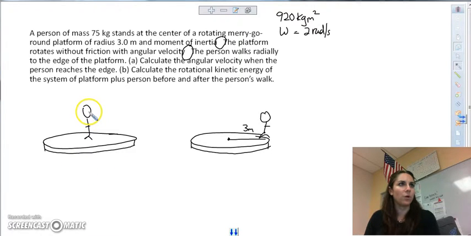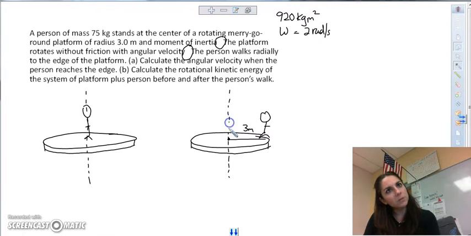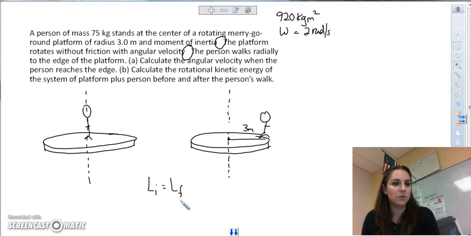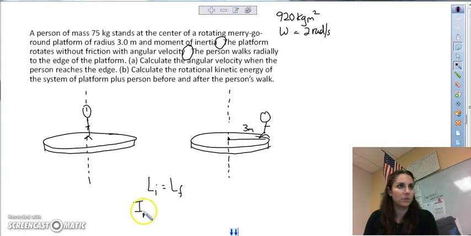So here is our momentum before. Since the person is in the center right here, we can write the initial angular momentum equal to the final angular momentum. In this case, it's just going to be I of the platform times omega, and we set that equal to the following.